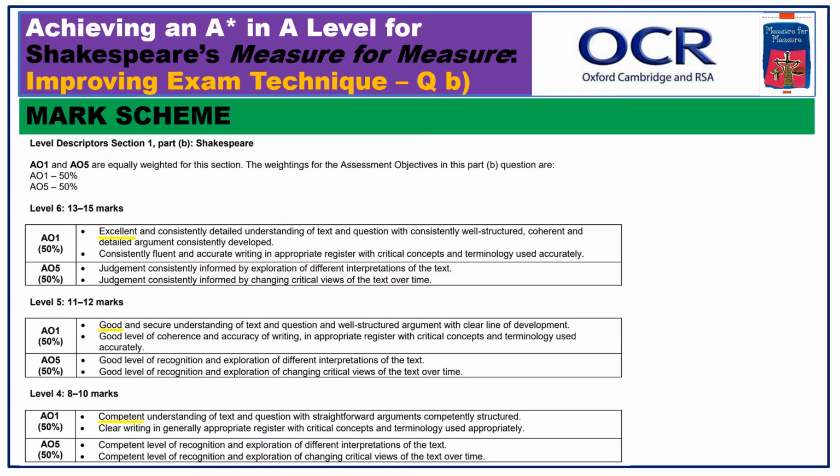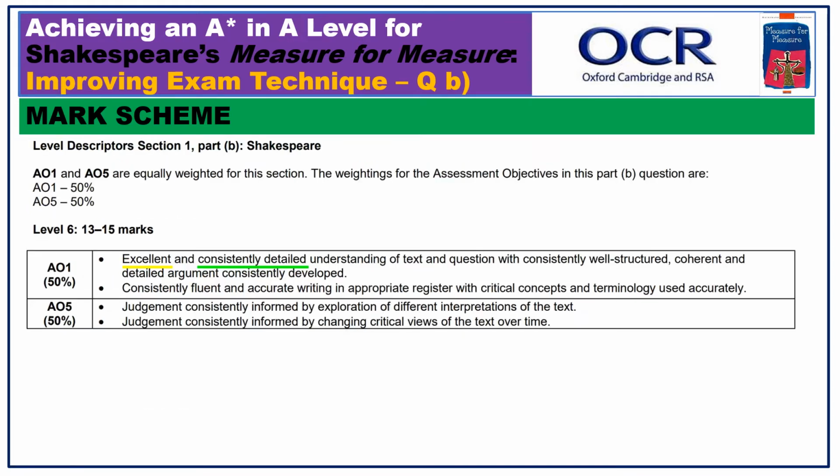So let's now look at the top band of the mark scheme. Well, your argument and writing need to be excellent rather than good or competent. You need to be showing a consistently detailed understanding of the play, perhaps partly aided by numerous short, insightful quotations.